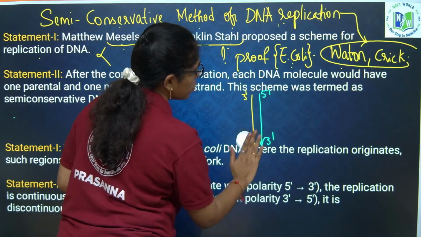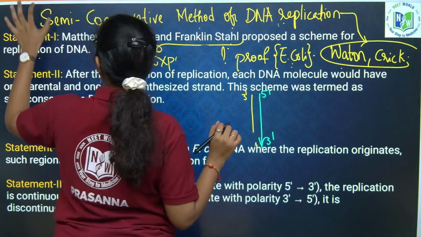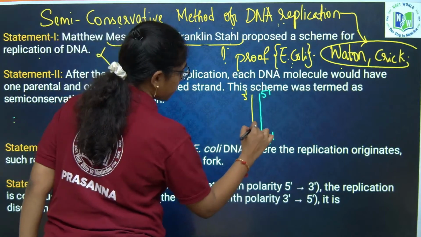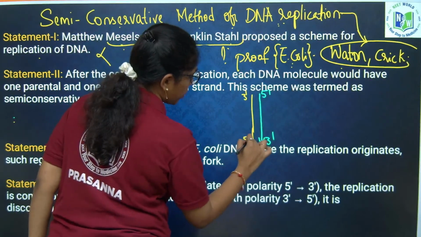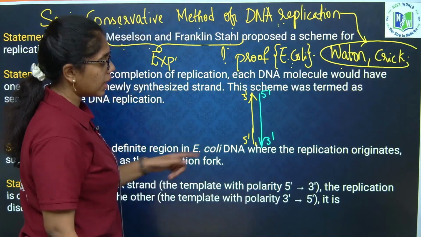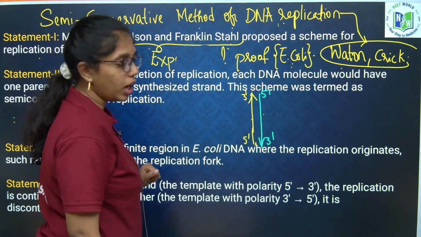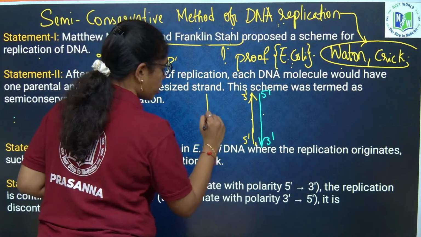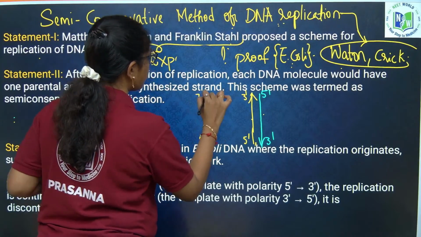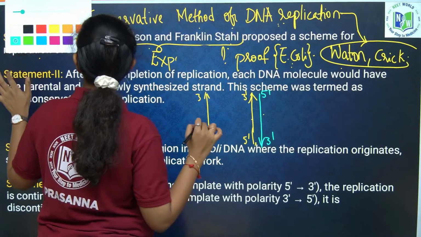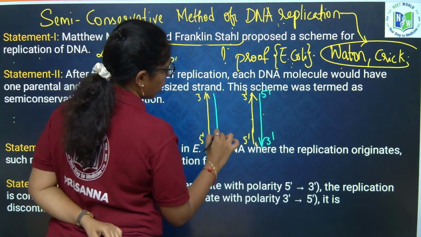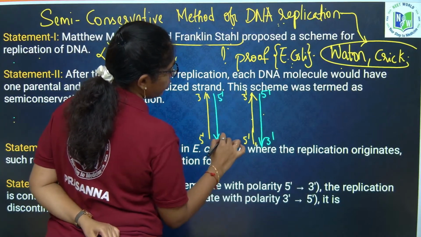Here the arrow should be over this side. 3 prime to 5 prime, right? Here the arrow should be this side. This is the parental strand and this is the daughter strand. So for the two parental strands, the newly synthesized strand is always from 5 prime to 3 prime direction.